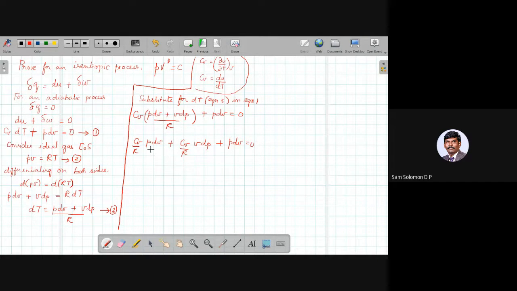Here you can see there is one PdV over here and there is another PdV over here. You can couple these two terms. So you will have PdV times (Cv by R plus 1) plus Cv by R times VdP equal to 0.